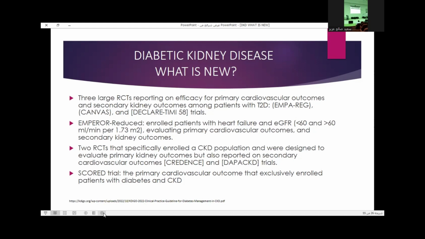These 3 trials have a primary outcome for the cardiovascular and secondary outcome for the kidney, and this medication showed a benefit. The EMPEROR-Reduced trial was done on the patient with heart failure, and they divided the patient to GFR less than 60 or more than 60, with the primary outcome for the cardiovascular and secondary outcome for the kidney, and also it showed a benefit for the kidney.